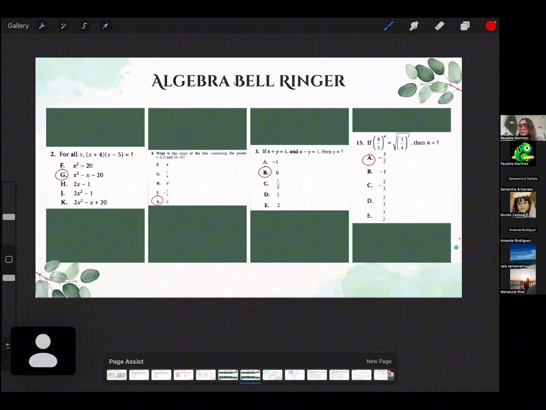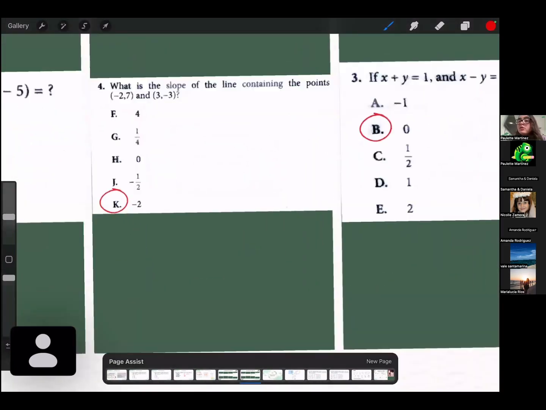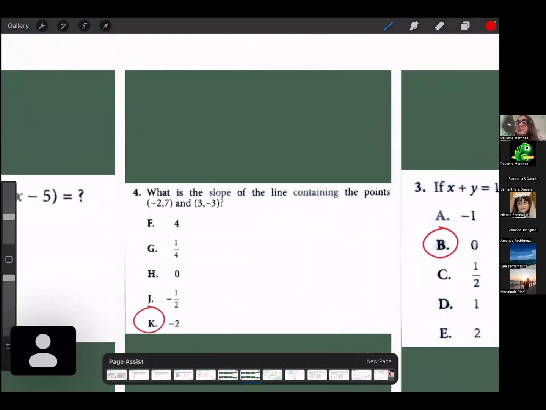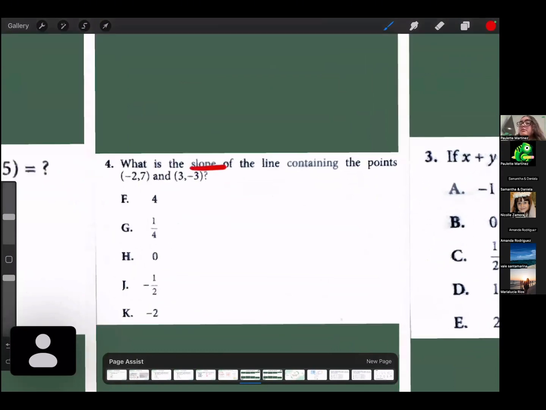Let me just double check. Okay. Well, for this one, what is the slope of the line? So this is slope: y2 minus y1 over x2 minus x1.